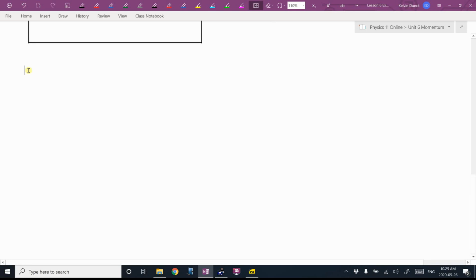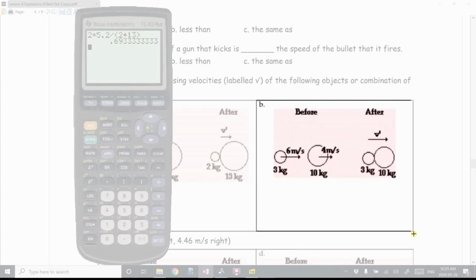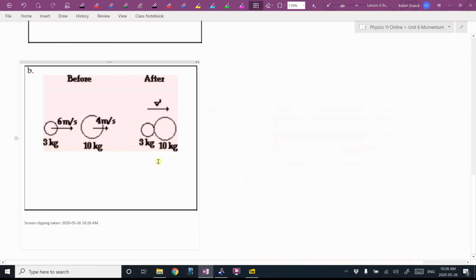B. Almost the same question, but it looks like they're both moving. So again, I'll call this mass A, I'll call this mass B, and they stuck together. This is a job for conservation of momentum.